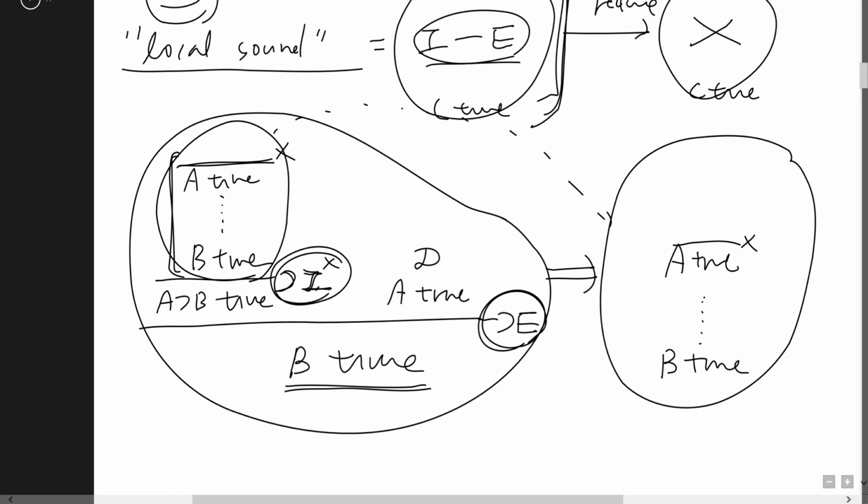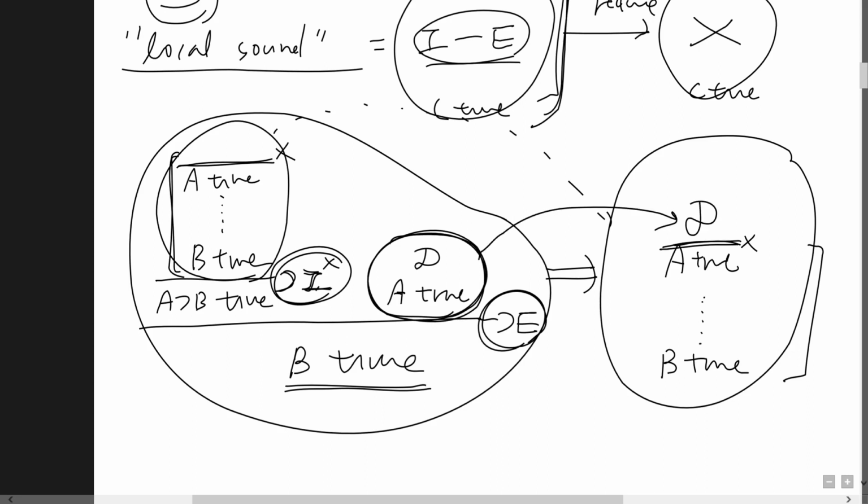Of course, this is not a proof of B true because it includes this hypothesis. Now the goal is to get rid of this hypothesis. And the idea is we substitute this proof of A true. This proof is complete because it doesn't depend on any hypothesis. So you make a copy of this one over here, and then this hypothesis disappears.